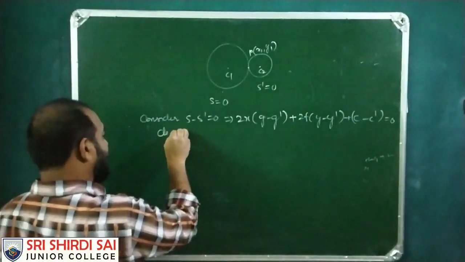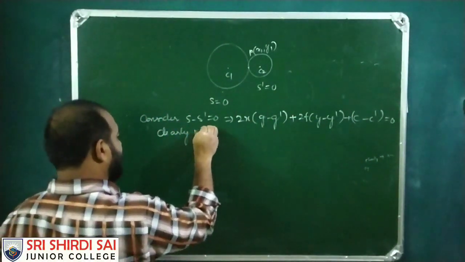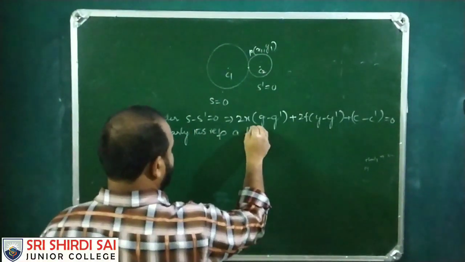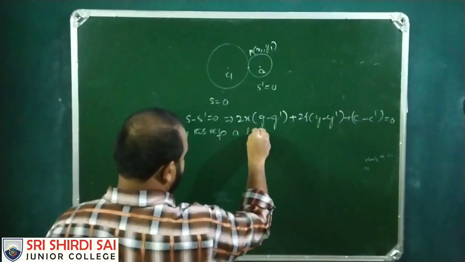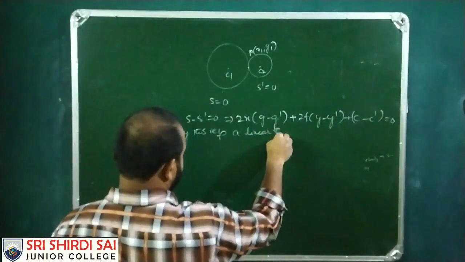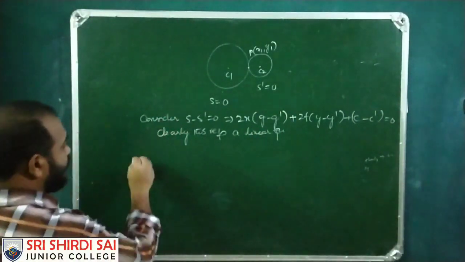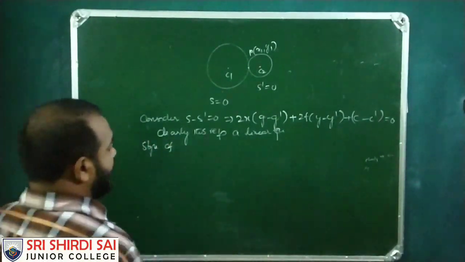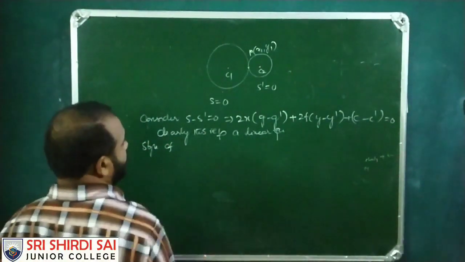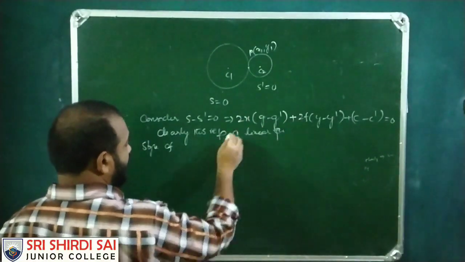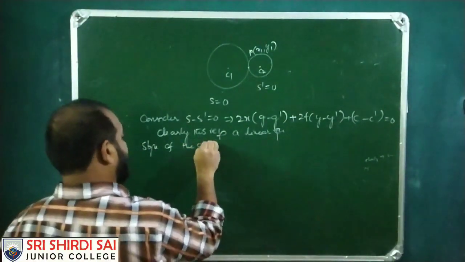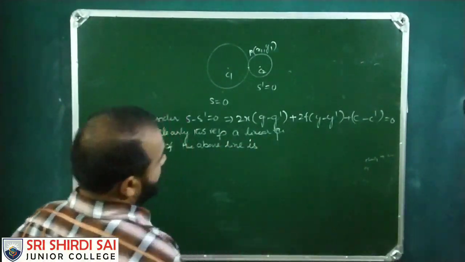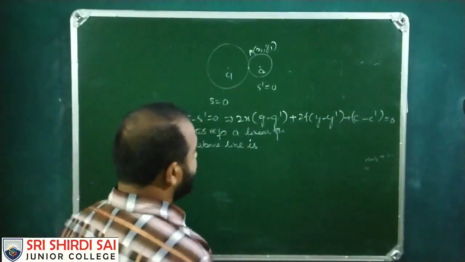Clearly, this represents a line, a linear equation. Slope of the above line: what is the slope of this? Minus a by b.